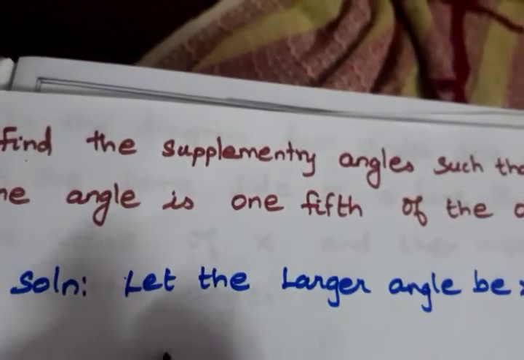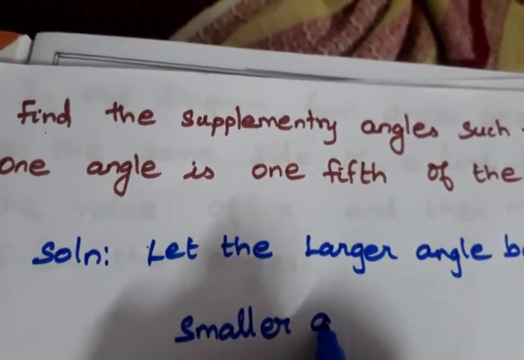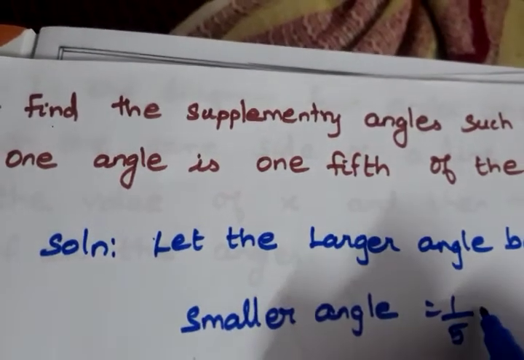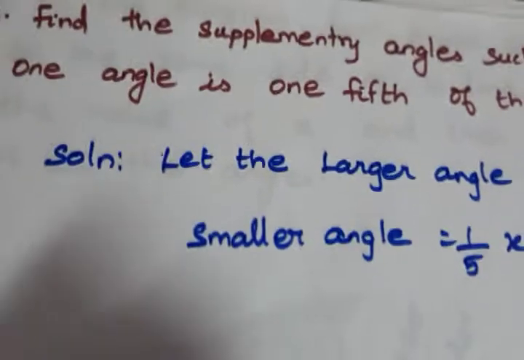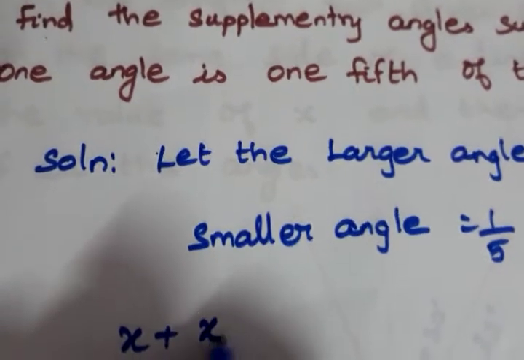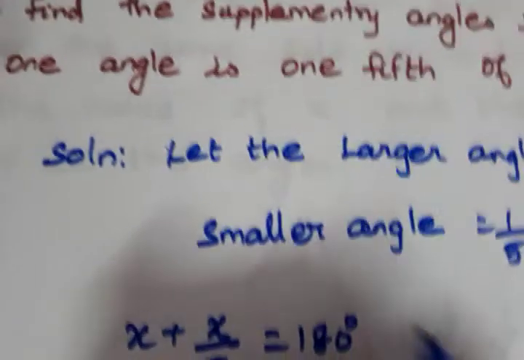So smaller angle is 1 by 5 x. They are supplementary angles. x plus x by 5 equal to 180 degree.